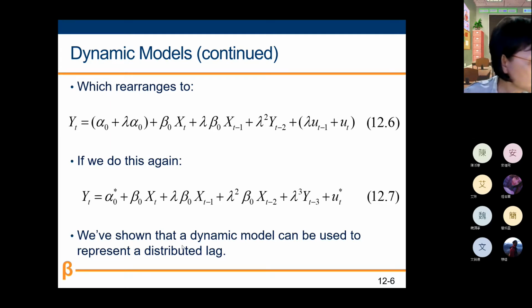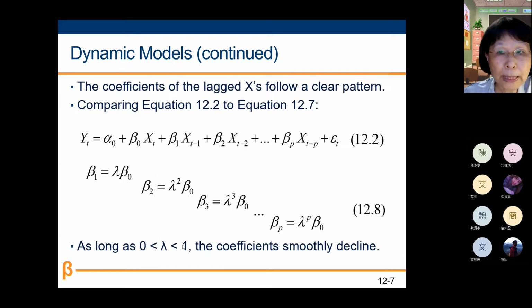So the coefficient of lag x follows a clear pattern.